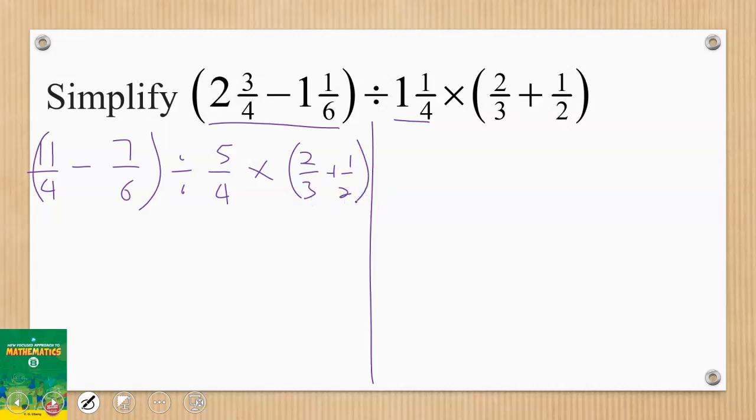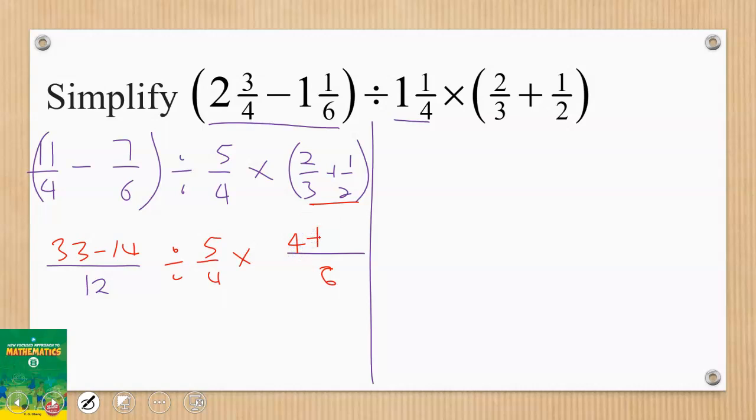Now I can find the LCM for this, find the LCM for that. Here the LCM is going to be 12. So 4 can divide 12 as 3 times 11 is 33, minus 6 can divide 12 as 2 times, that will give us 14. Then we bring our division 5 on 4 times, now we're going to deal with this part too, the LCM is 6. 3 can divide 6 as 2, and 2 times 2 is 4.